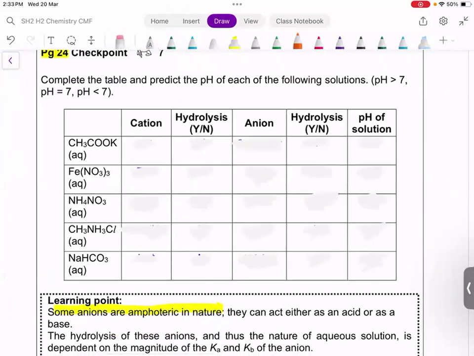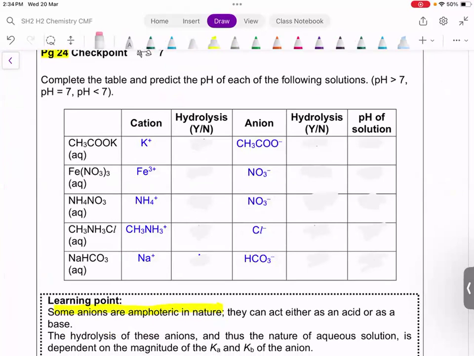Are you able to identify the cation and anion? I just show you the cation and anion first. You have to identify your cation first, identify your anion first. Then you can work backwards to identify the parents.